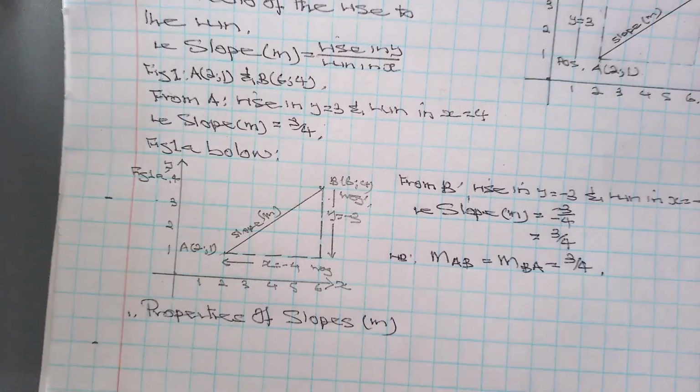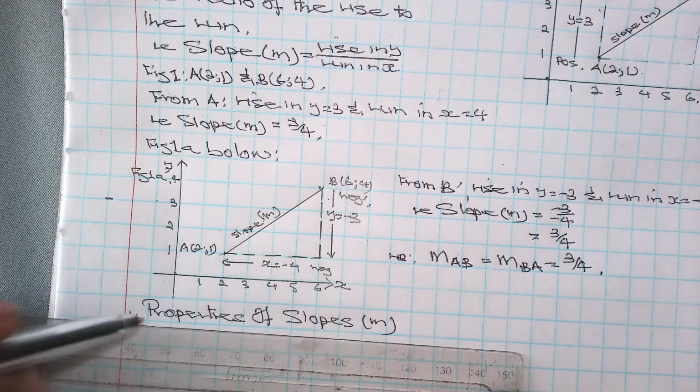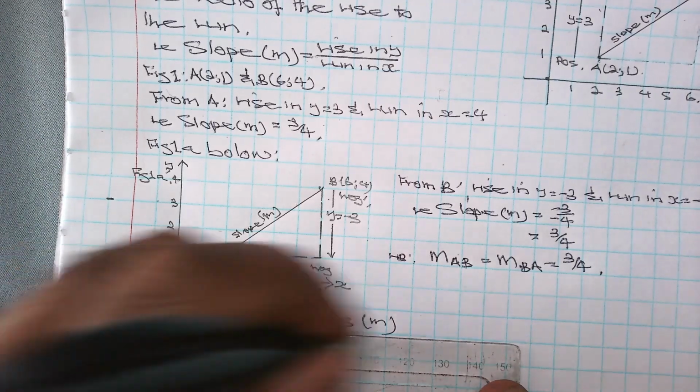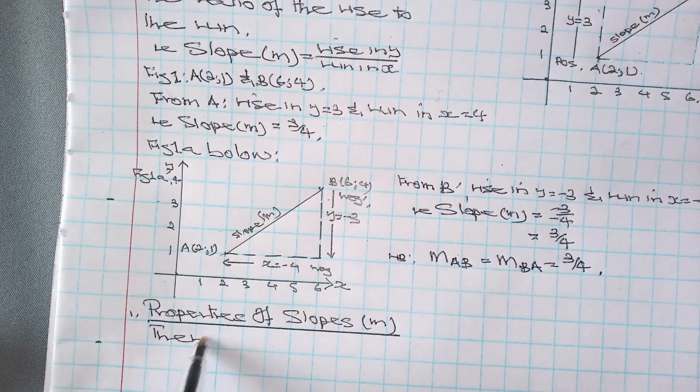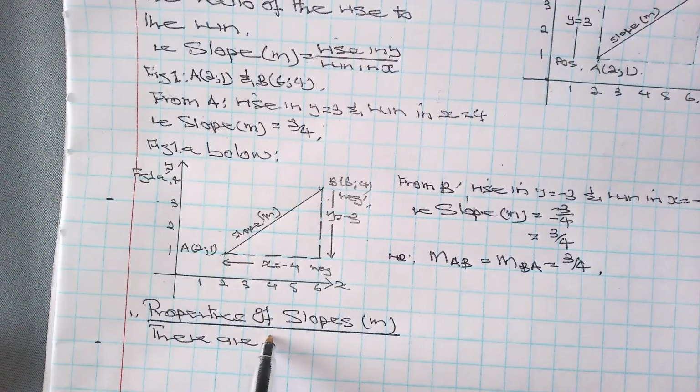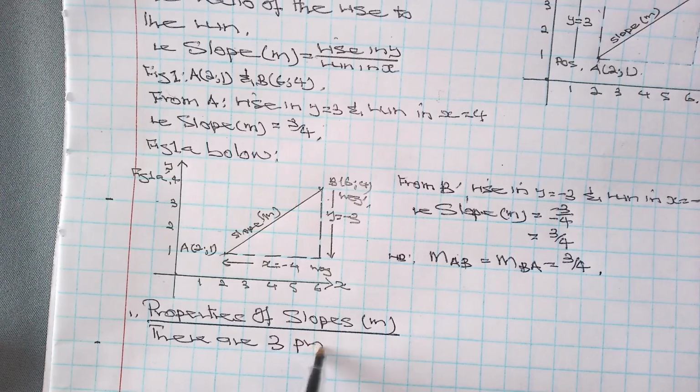Now let's underline these properties of slope. There are 3 properties.